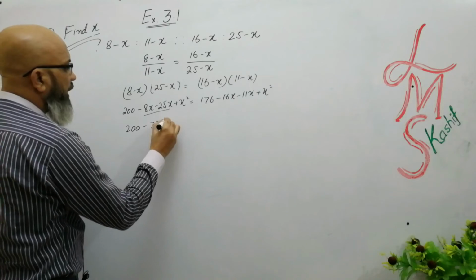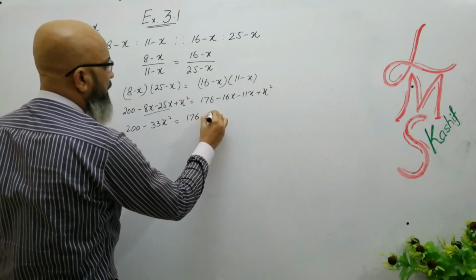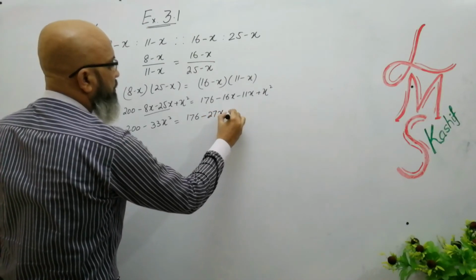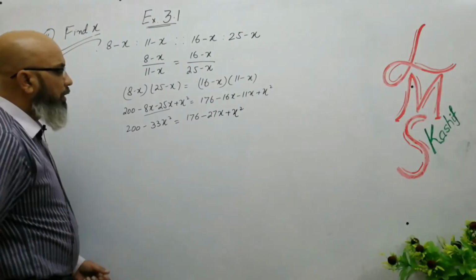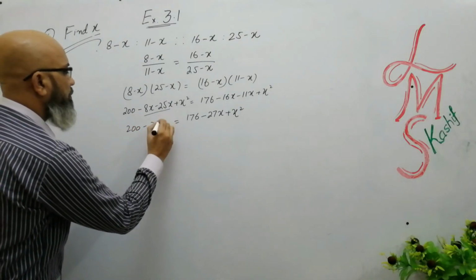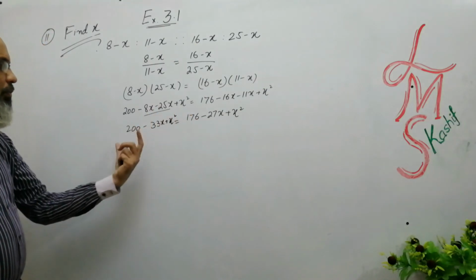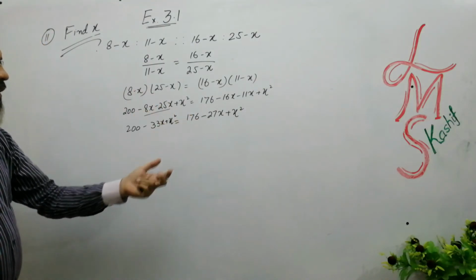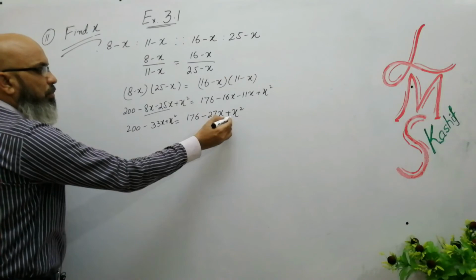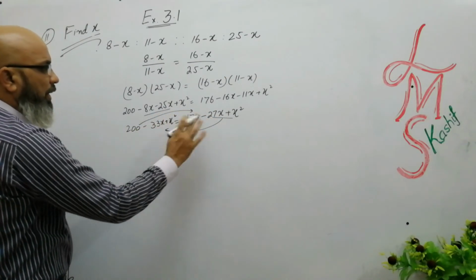Minus 33x square is equal to 176 minus 27x plus x square. So now here we have minus 33x plus x square. Now move the variables on one way and the constant in the other way. So we will move these two values in this way and move this constant value in this way.